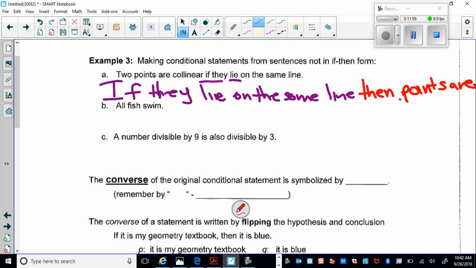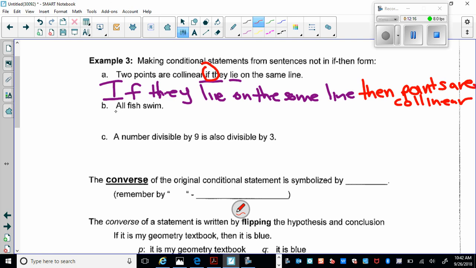Are collinear. Okay, so this is how you would write it. If they lie, because they already gave you the if part here, right? I know anything that follows if is always the hypothesis, so you can change it that way.